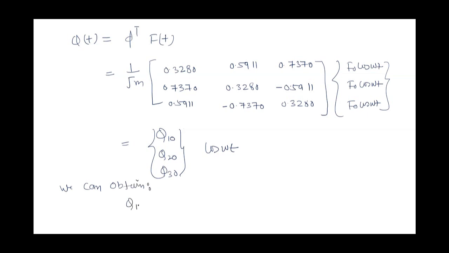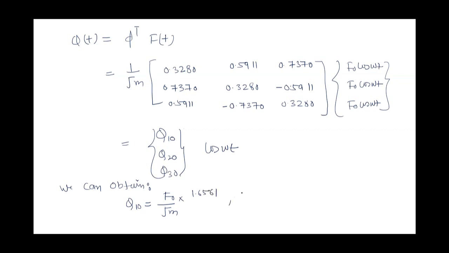Q1 naught is equal to F naught over under root m times 0.3280 plus 0.5911 plus the third term. We add all these three values and we have 1.6561.